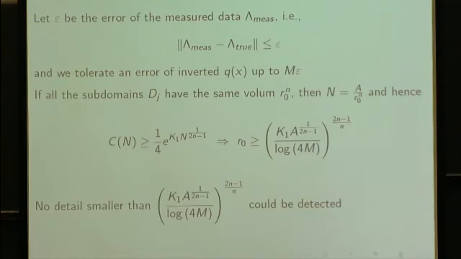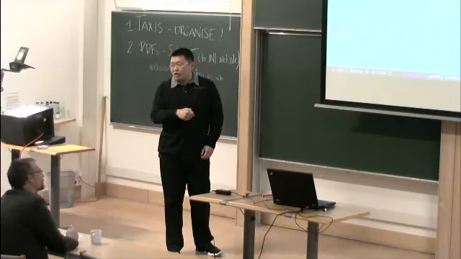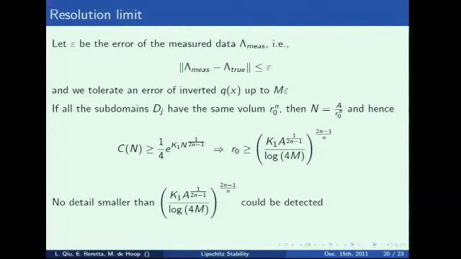K1 is the constant that showed up in the previous inequality. And A here is the volume, and 4 times m is the constant here. So this means no detail smaller than this number could be detected. So this actually gives a resolution limit. But this is only for noisy data.